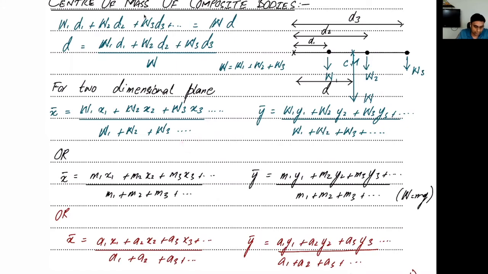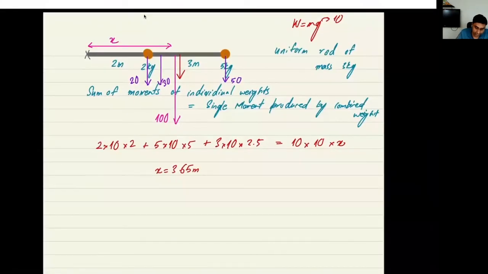So you see, this becomes the overall formula, which becomes W1 times X1 plus W2 times X2 plus W3 times X3 and so on and so forth, for however many weights you have. You apply this formula directly, divided by the sum of all the weights, which is basically what this is: W1 times X1, W2 times X2 plus W3 times X3, divided by all the weights, which is 10 times 10.